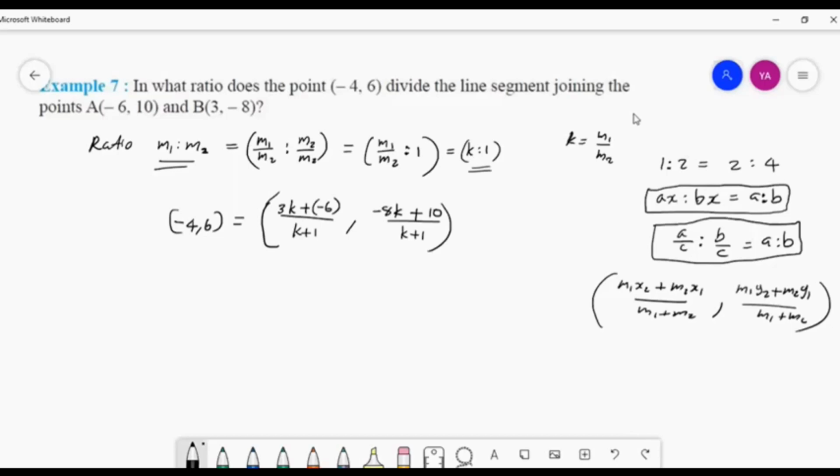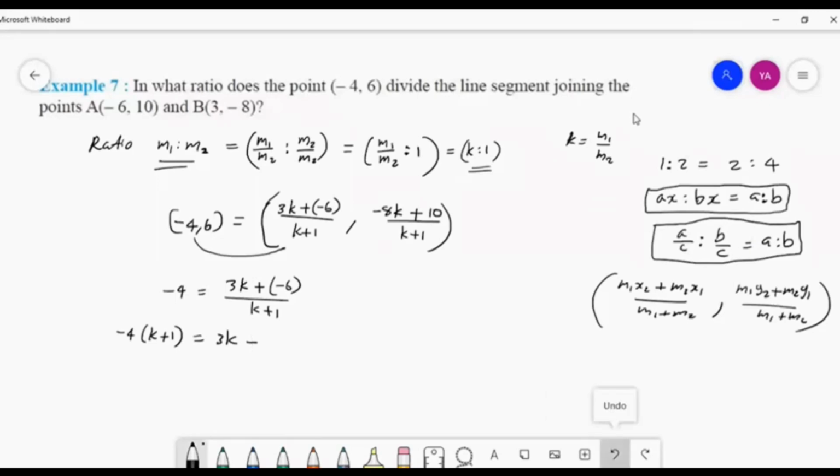Now you can equate the x coordinate or y coordinate and find the ratio. Suppose we equate the x coordinates: minus 4 is equal to (3k plus minus 6) divided by (k plus 1). So k plus 1, you move to the left side, it becomes minus 4 into (k plus 1) is equal to 3k minus 6.